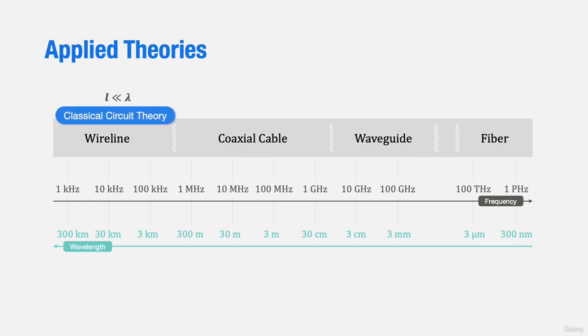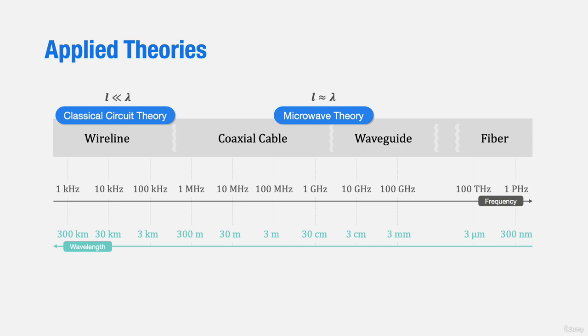When the frequency is lower and the wavelength is longer, we can mostly use classical circuit theory to deal with the problem. When the frequency increases to 10 MHz, 100 MHz, or even 1 GHz, and 10 GHz or tens of gigahertz, there's a great chance that we will need to use the microwave theory.